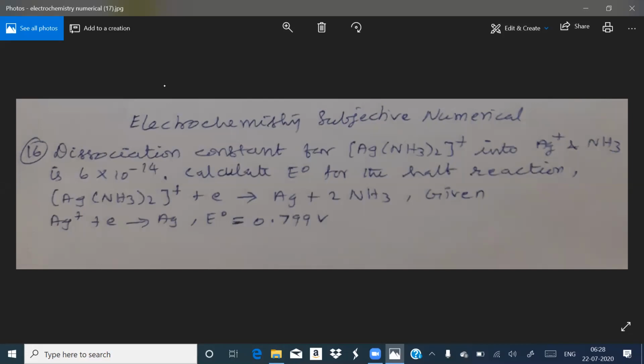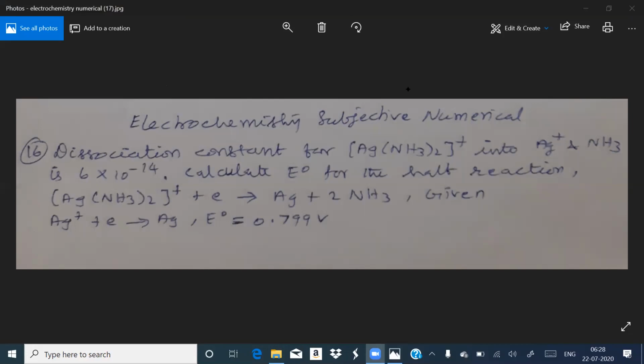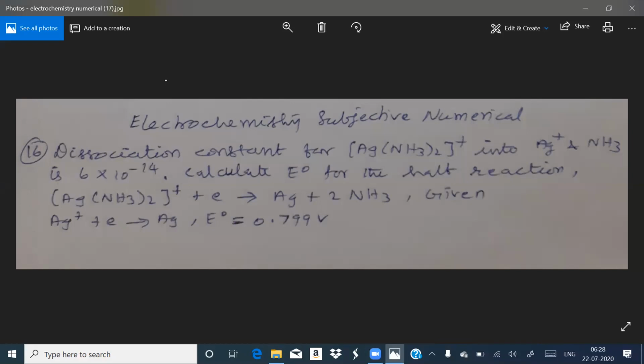Here Ag plus in the sense, it may be from silver nitrate solution, or this may be from a saturated solution of silver chloride. Any value will be there. But based on magnitude, by seeing this E naught, we can say this Ag plus is from a soluble salt, so that silver nitrate.